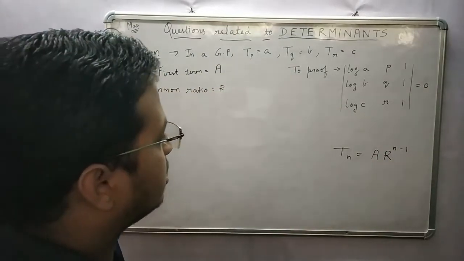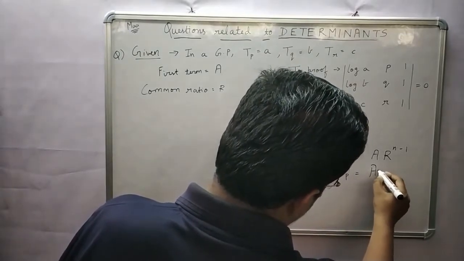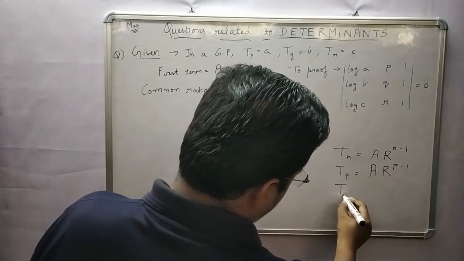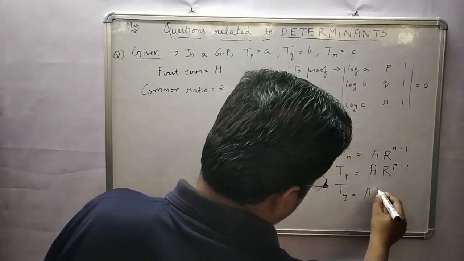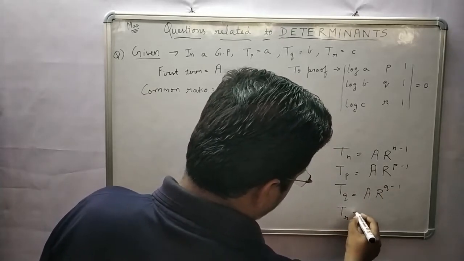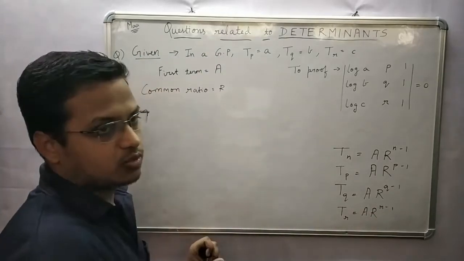So we will be using this formula. So the pth term will be A R power p minus 1. Qth term will be A R power q minus 1. And rth term will be A R power r minus 1.